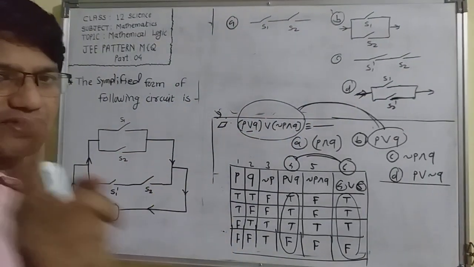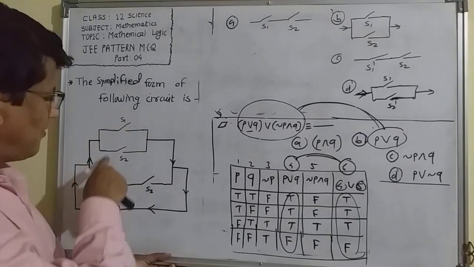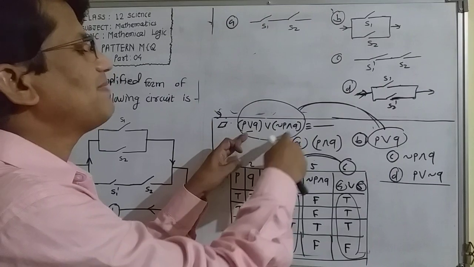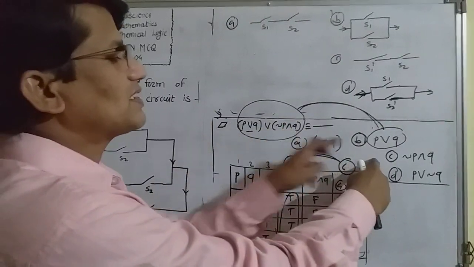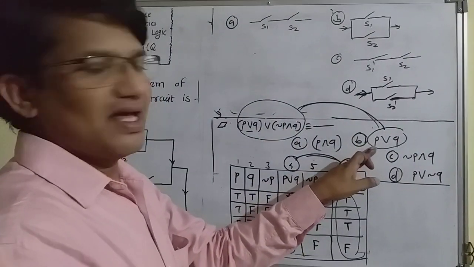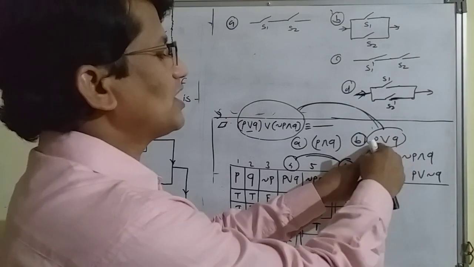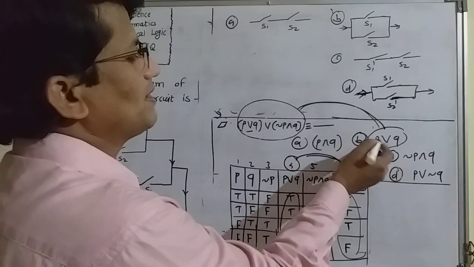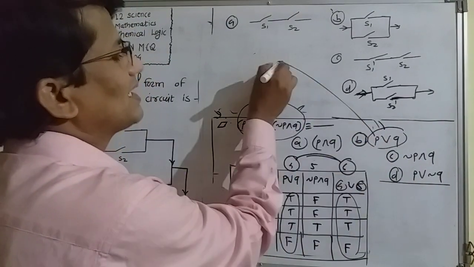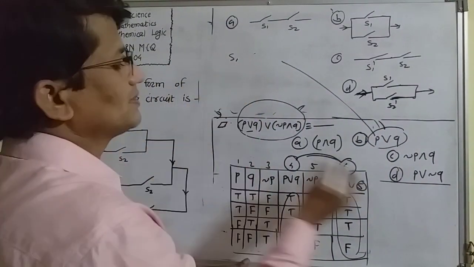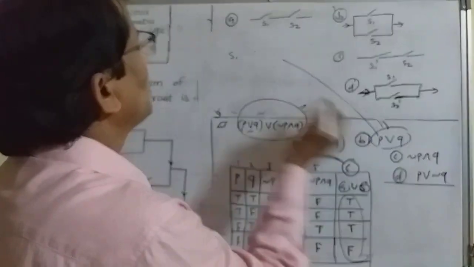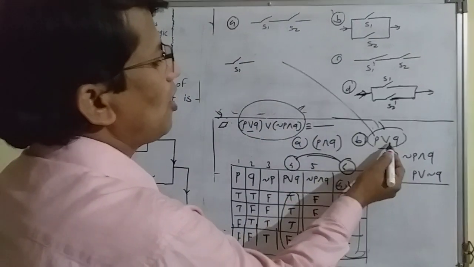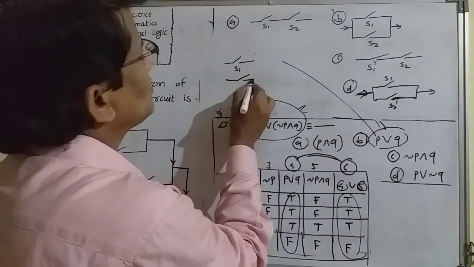Thus we have seen the symbolic form of the same circuit is this one. And by simplifying this circuit, the answer is what? P or Q. And what is P? P means S1. Q means S2, with the wire parallel to this.